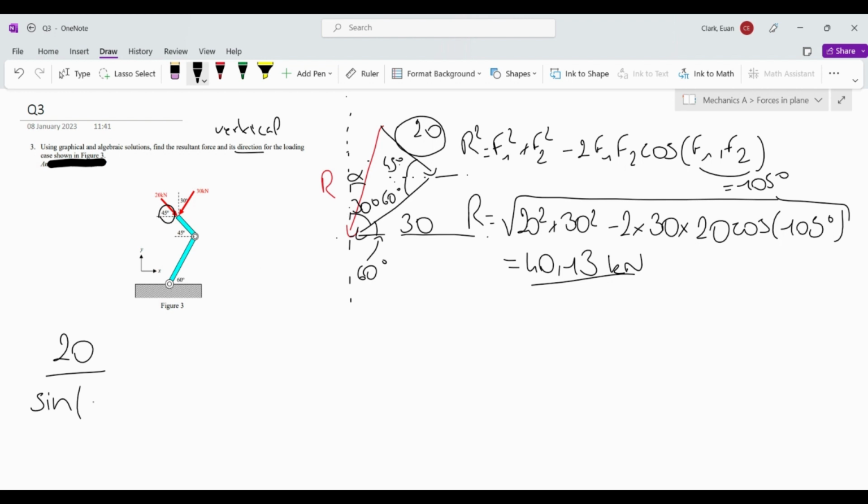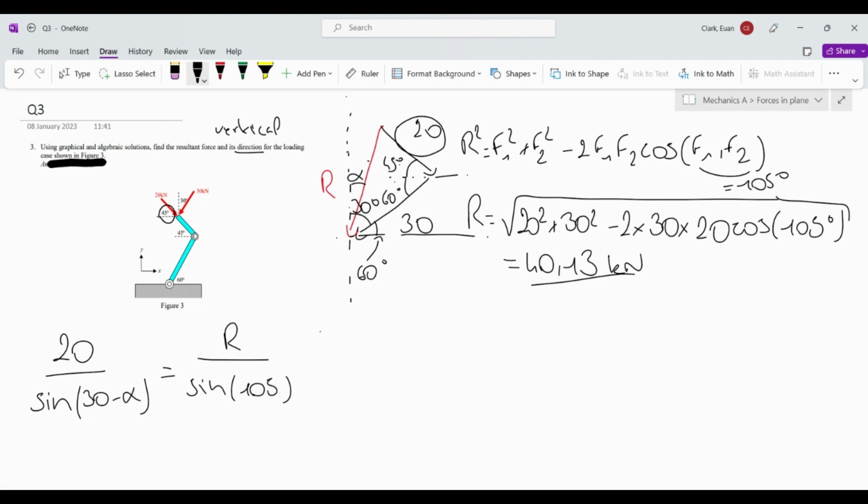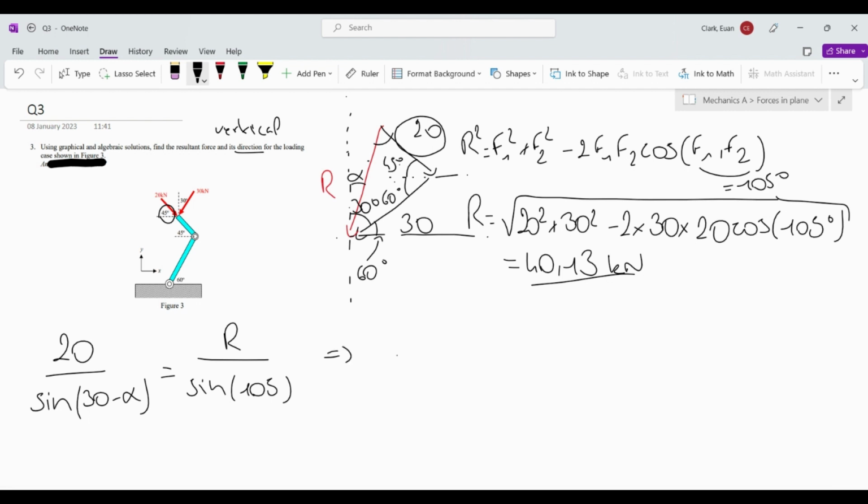So let me write this here. It is equal to the resultant force over the sine of the angle opposite, which is 105, just like we've used before, between F1 and F2. There's a third ratio, 30 divided by the sine of this angle, but we don't need it because we have everything we need. We know R and we just need to find alpha.